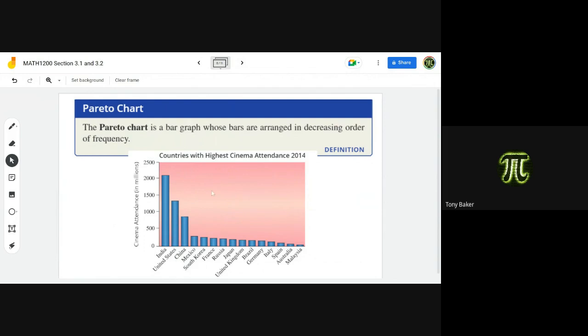Yeah, this is going to the movies. So India's number 1, United States is 2, and China's 3. And then pretty much everybody else after that's not really that big of a market. Which is actually why, when they look at the box office for movies, it's really the United States and everybody else.